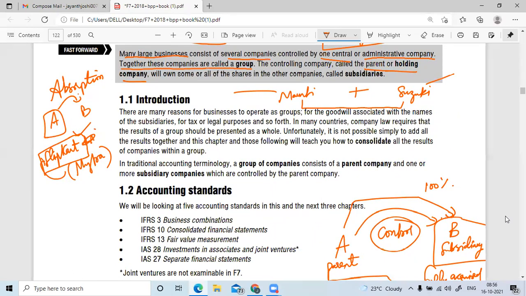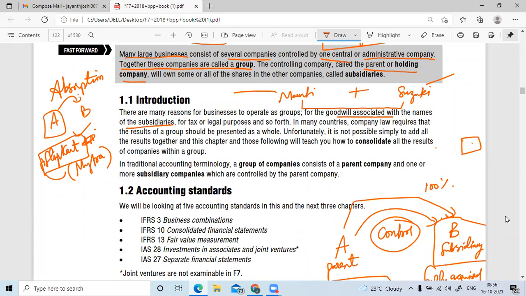Why do businesses operate as groups? There are many reasons for businesses to operate as groups. For the goodwill associated with the names of the subsidiaries. If a parent company wants to acquire a subsidiary company, the reason can be that the subsidiary may have a very good business in that area, maybe a good market share.